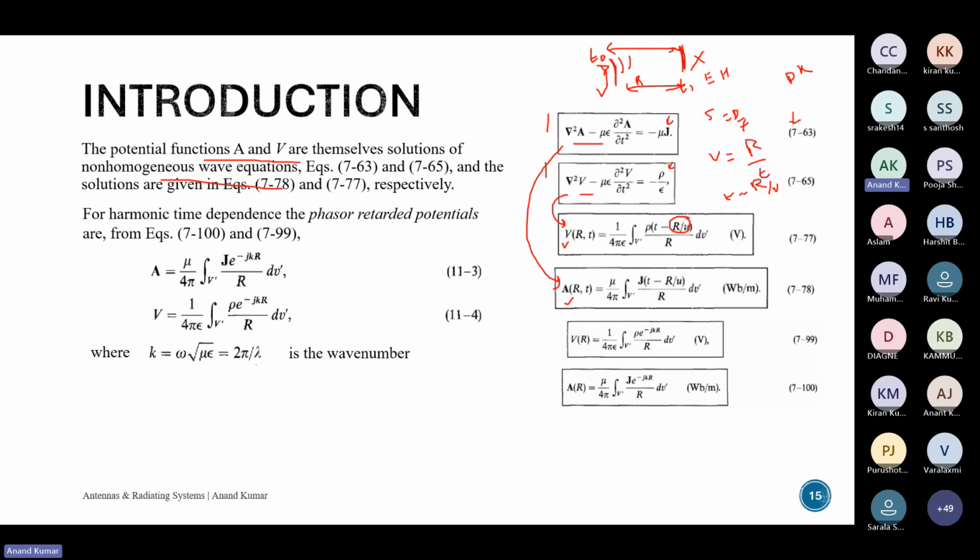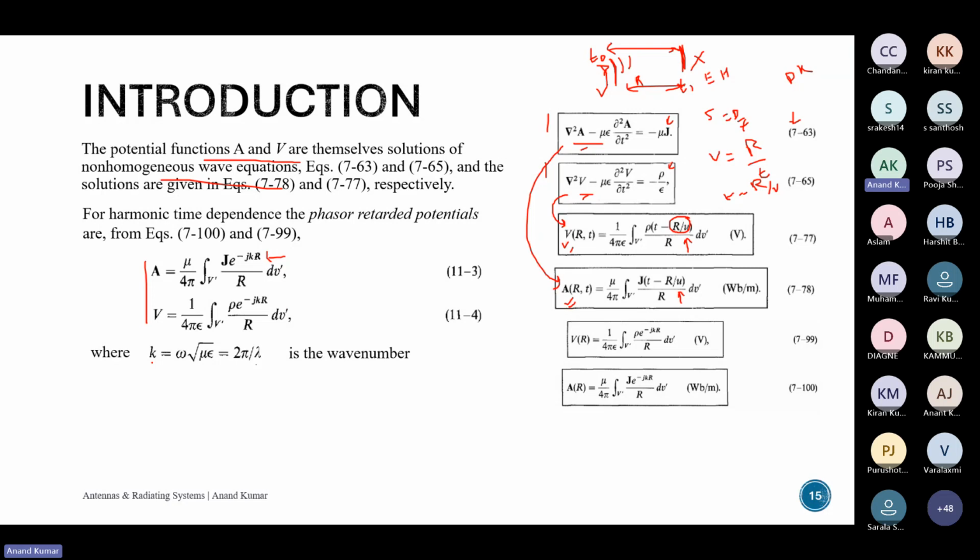This says the retarded potential, and it could also be written in Euler notation. So the solutions for the auxiliary vector and scalar potentials look like this, with the retarded potential term in both of them.